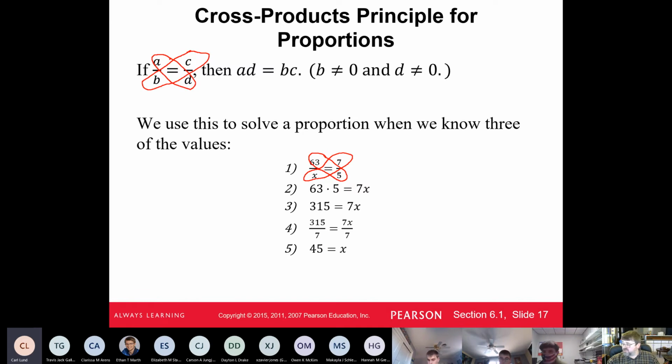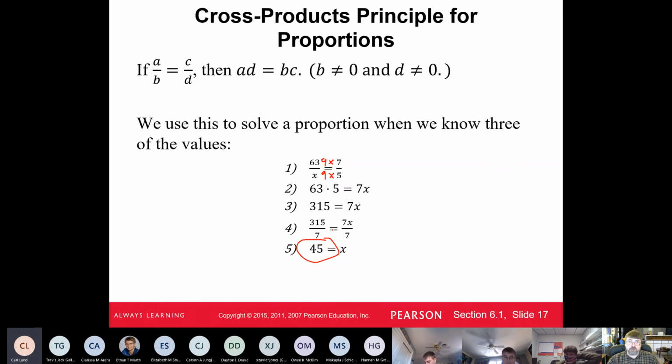Now in this particular case, some of you may have noticed, you may think I don't need to do that here because I could just notice this. I noticed that 7 times 9 is 63. So I know I'm going to multiply this denominator also by 9. And 9 times 5 is 45.